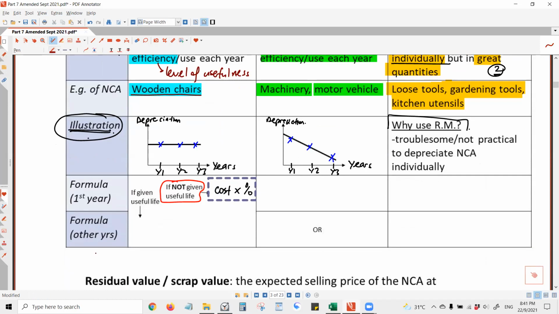Write down: percentage means the depreciation rate. A new term to you here, depreciation rate. On the other hand, if you are given useful life, the formula that you would use would be different.